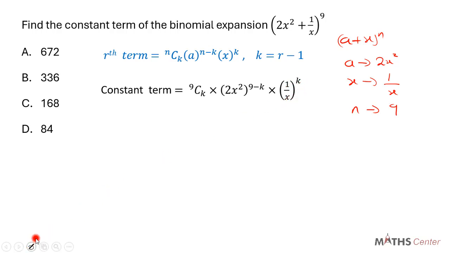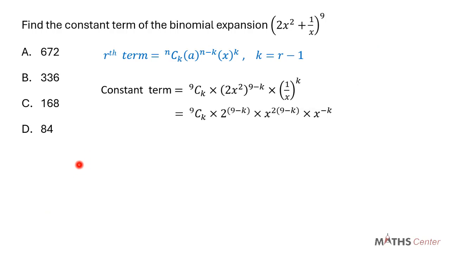Let's simplify this. From indices, we know that if we have a times b exponent n, it can be written as a exponent n, b exponent n. So if we apply that here, then 2x squared exponent 9 minus k can be written as 2 exponent 9 minus k, then times x squared exponent 9 minus k.